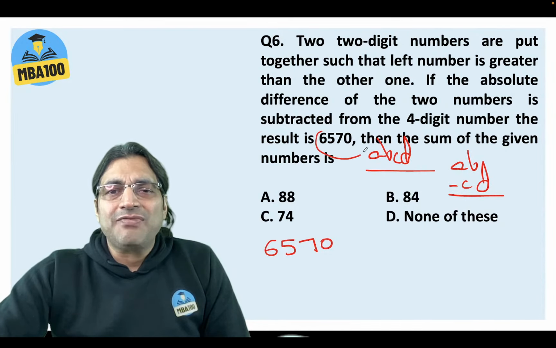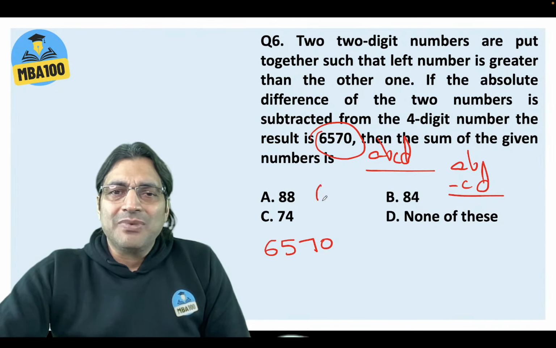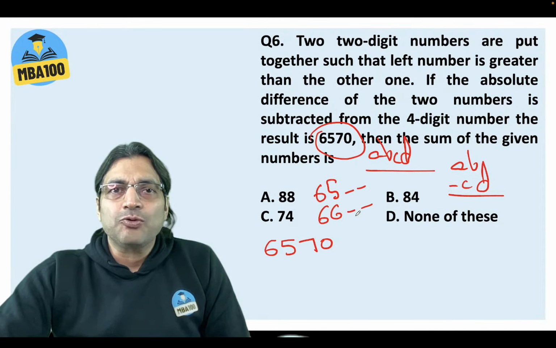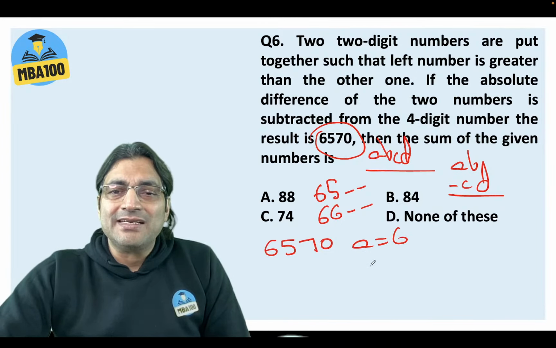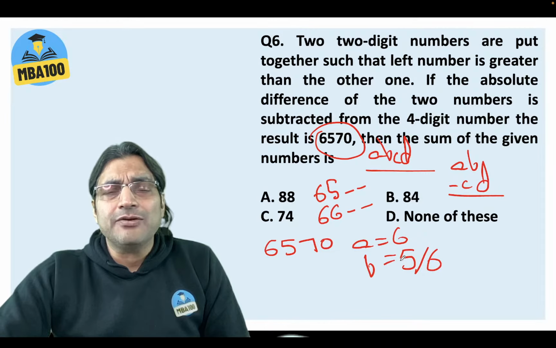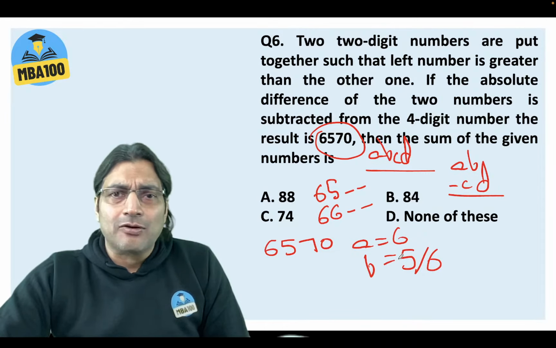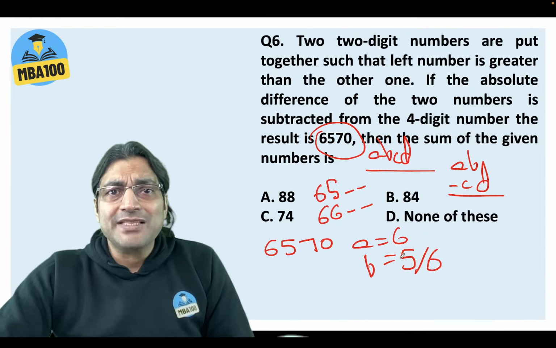So this 6570 before the subtraction took place must have been either 6500 something or at the most 6600 something. Isn't that? So one thing is for sure, that A is 6 and B is either 5 or 6. Without getting into any calculation, you can make that out.